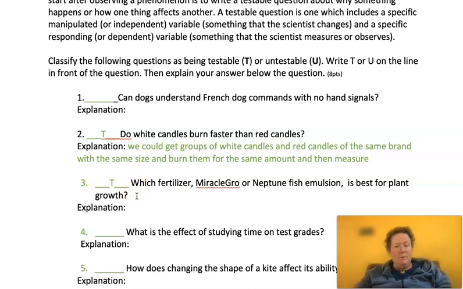We'd have to define what plant growth was. We could say the height of the plant. We could say how many tomatoes were produced and measure the mass of the tomatoes. Or if they're little tomatoes, we could count them.